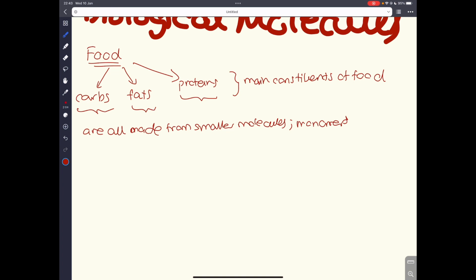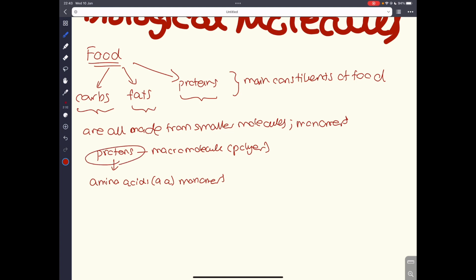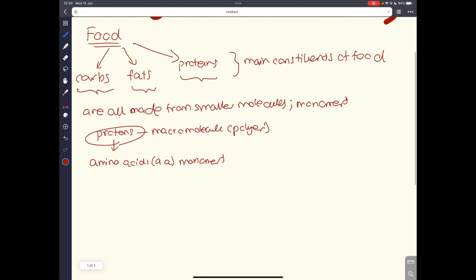For example, for protein, the protein is a very huge macromolecule. It is a polymer, essentially. It is made up of different types of amino acids. These amino acids are small subunits which join together and fold into a complex 3D shape to produce protein.